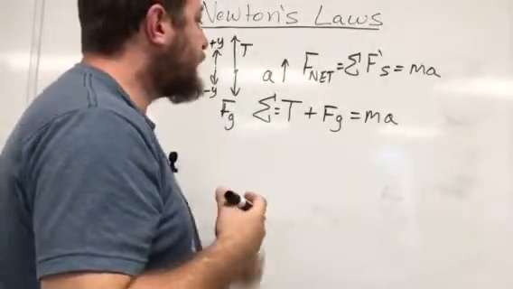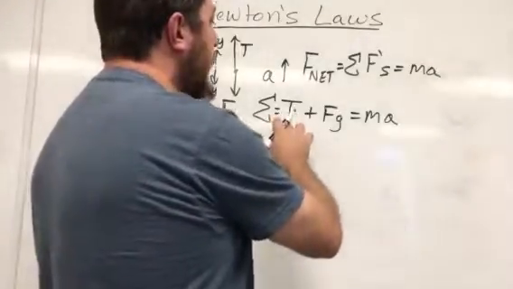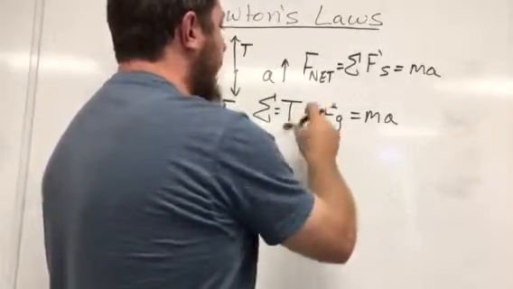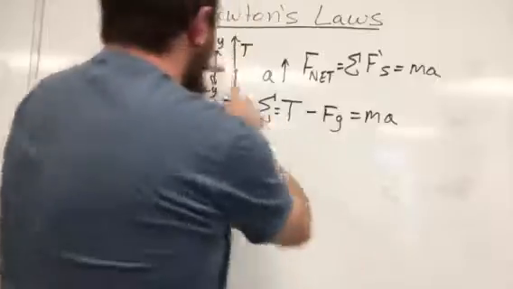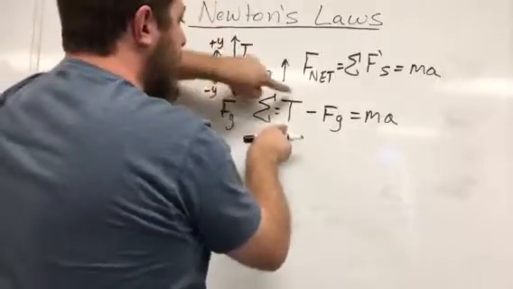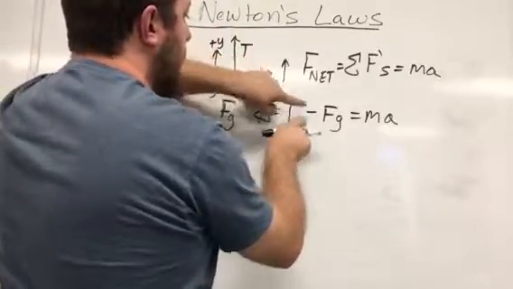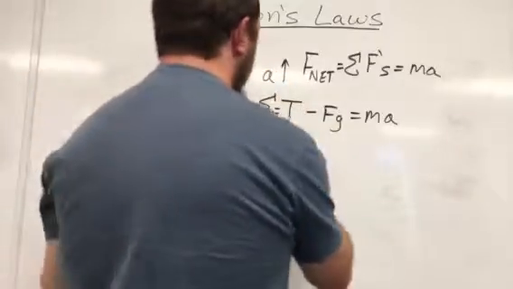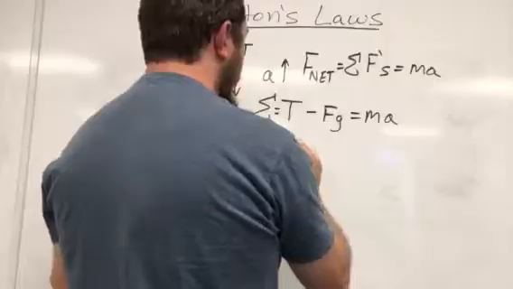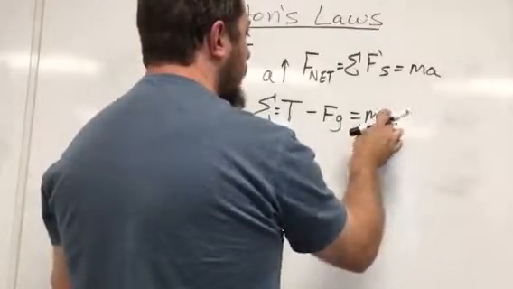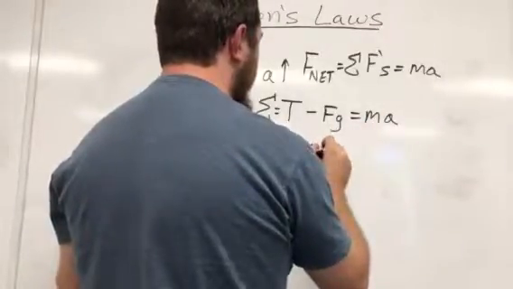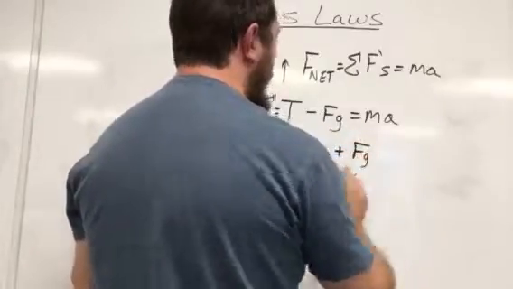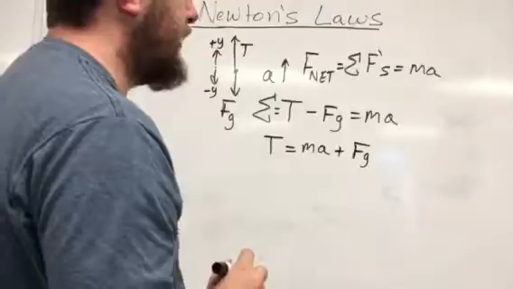And so, if I want to calculate what my tension is, I can go ahead and insert the negative sign for G right here, and this is saying that I have a positive force of T in the upward direction and a negative force of gravity in the downward direction, and so my tension is going to be equal to whatever the overall mass times acceleration is plus the force of gravity, or the weight of the elevator, all right?